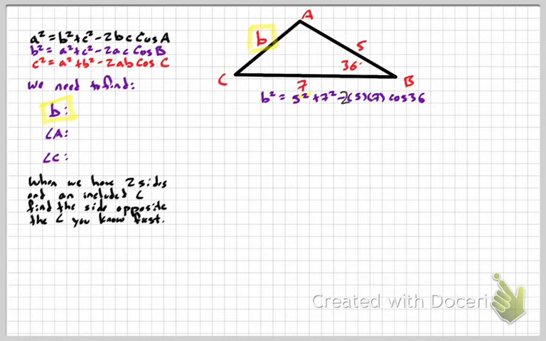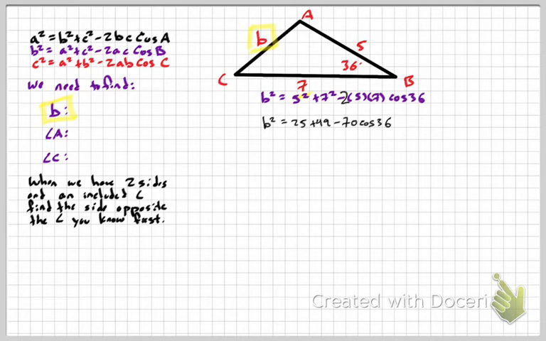So as we do this problem, let's go ahead and multiply some stuff out. b squared equals 25 plus 49 minus 2 times 5 is 10, 10 times 7 is 70, times the cosine of 36. Now we're going to wait to do this till the very, very end, that's 70 times cosine of 36, for the same reason that we practice using ANS, because we don't want to round until the very end, okay? So I'm going to do 25 plus 49.